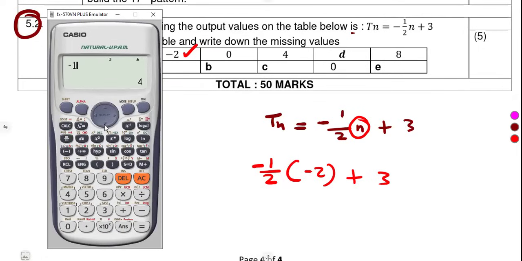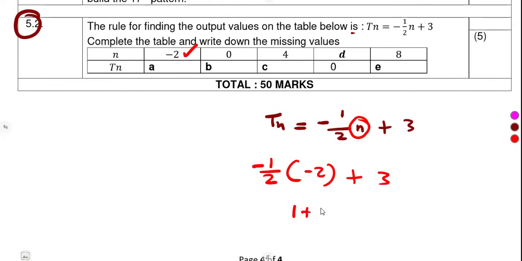Minus half of 2, minus 1 over 2. It was going to give you a positive 1 plus 3, which is 4. Anyways, that was our A there. The first part representing our A is 4, so A is equal to 4.